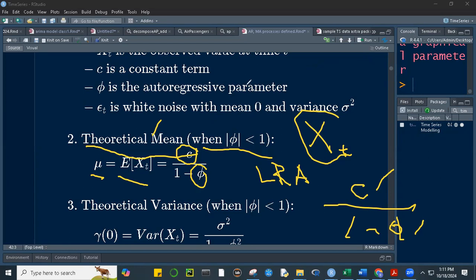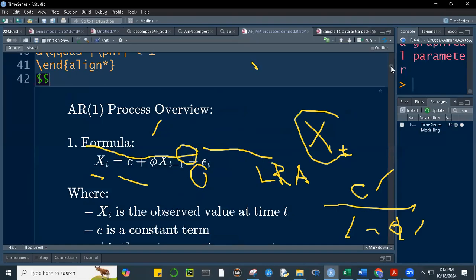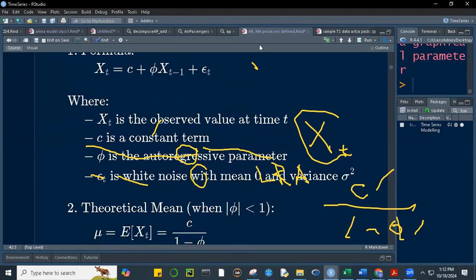Okay, so remember, class, the model, your x sub t is equal to... Okay, this phi here, class.